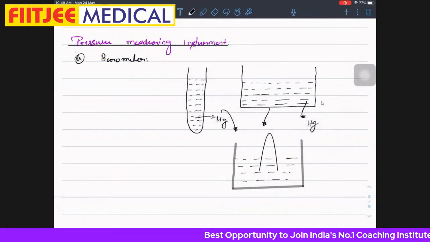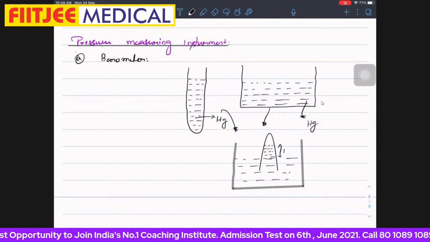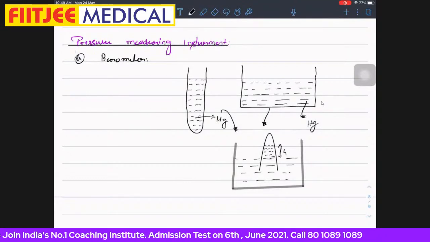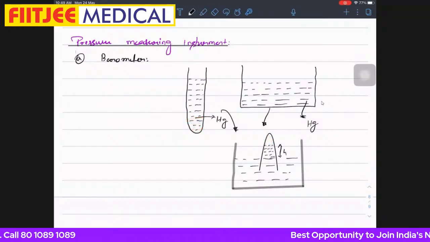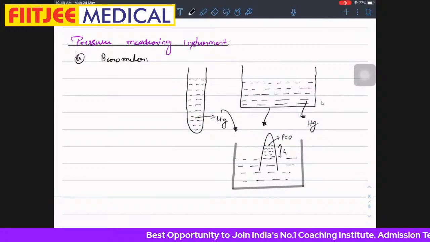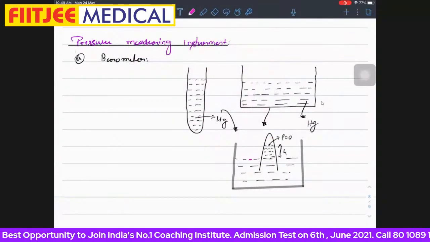So if we invert it into this, the liquid rises to a certain height. Suppose this height is h. Since the whole tube was filled with mercury, nothing is available here which can exert pressure. So the pressure at this point I can write as 0. And we know that in hydrostatics, pressure does not vary in the horizontal direction.